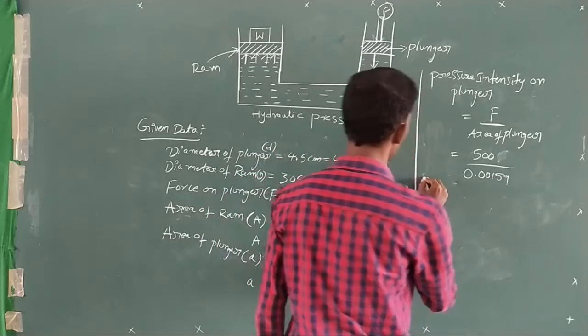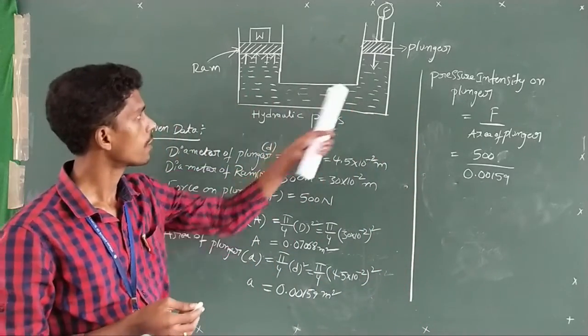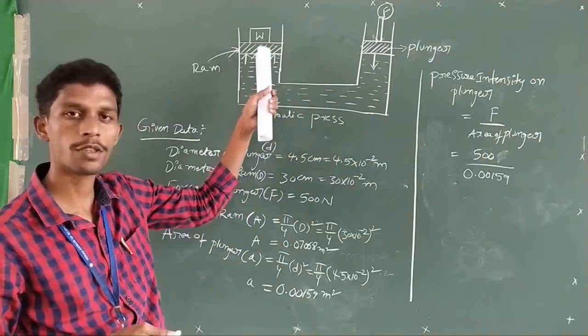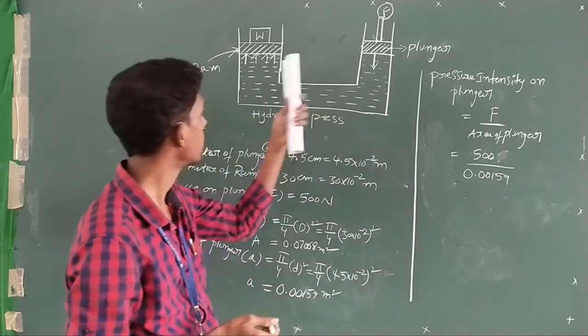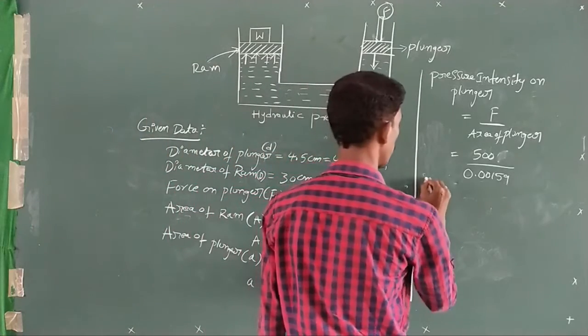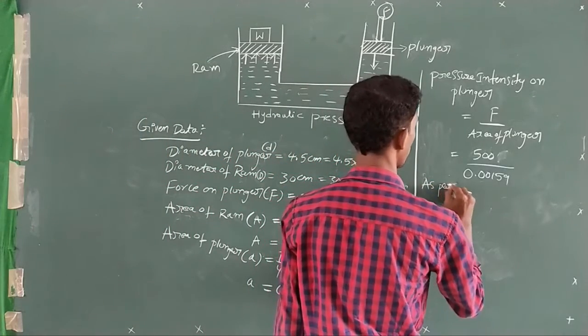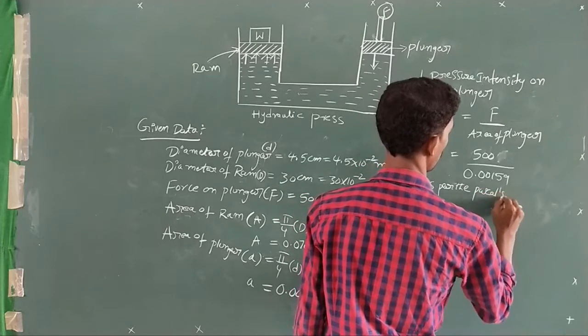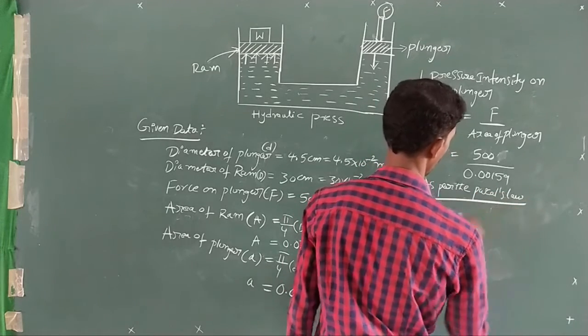As per Pascal's law, the pressure intensity of the plunger will be equally transferred onto the ram. So at this end and this end, the pressure intensities are the same.